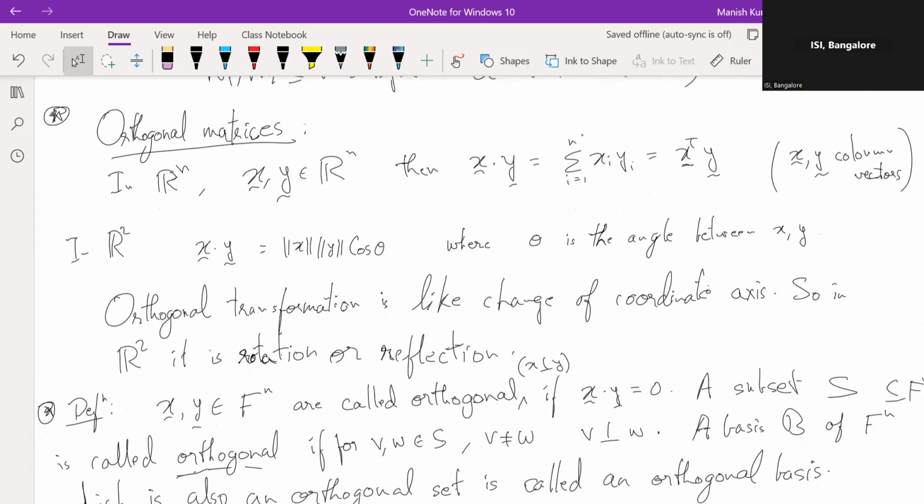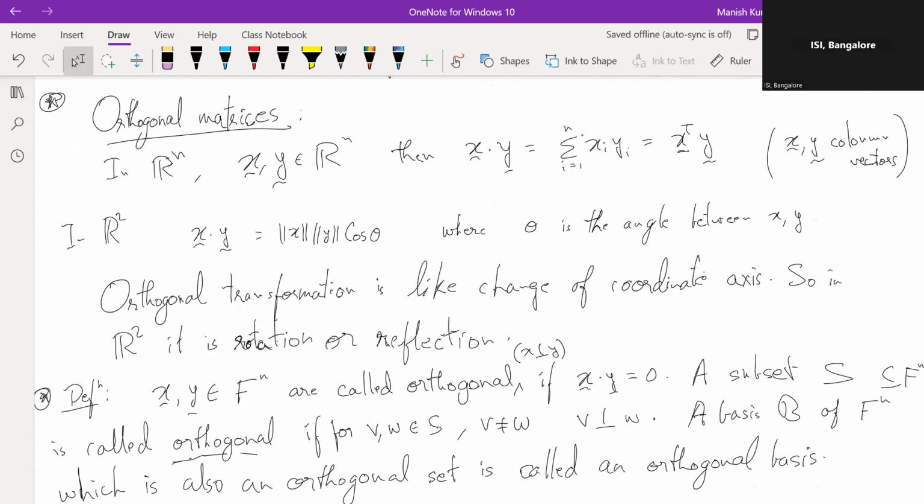In R^n, if you take two vectors x and y, you may have seen in R^3, in math or physics courses, that two vectors are orthogonal if their dot product is 0, where the dot product x dot y is defined as the summation of x_i y_i, or in matrix notation just x transpose y, if you think of x and y as column vectors. This is called the dot product, at least in high school.